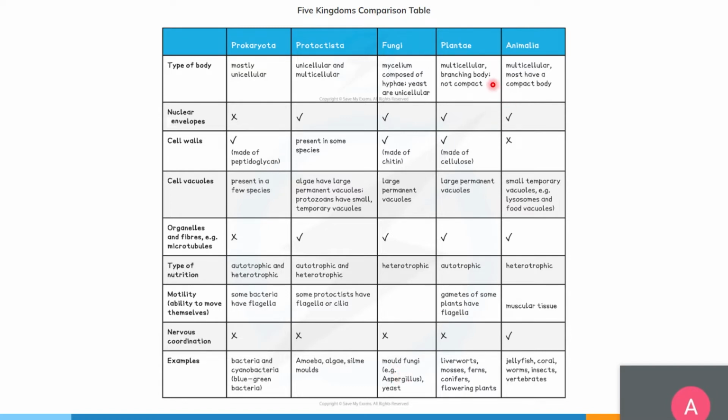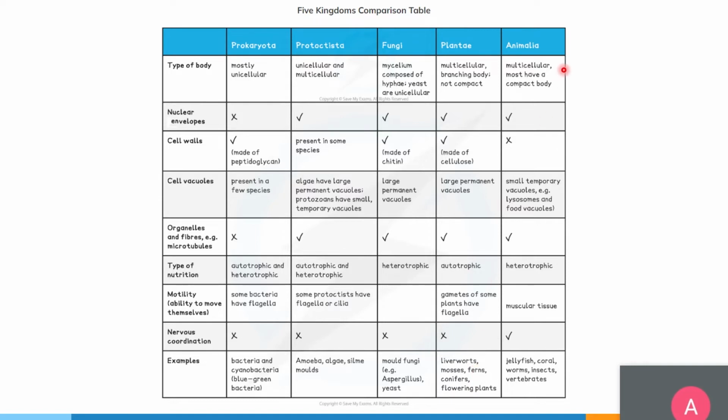Plants obviously fall under the kingdom Plantae, are multicellular and have a branching body, not compact, have a well-defined nuclear envelope, and have cell walls made of cellulose. They are autotrophic in nature, that is, they can generate energy from sunlight or natural sources. And there are various examples of plants.